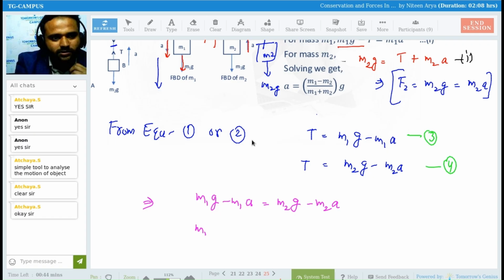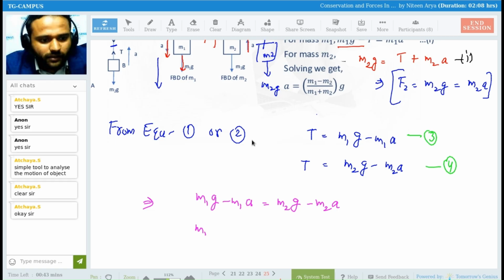Tension minus this. Equation 4: m2g and then tension T. Solving, we get acceleration is m2g. So A is... no, this is not correct.